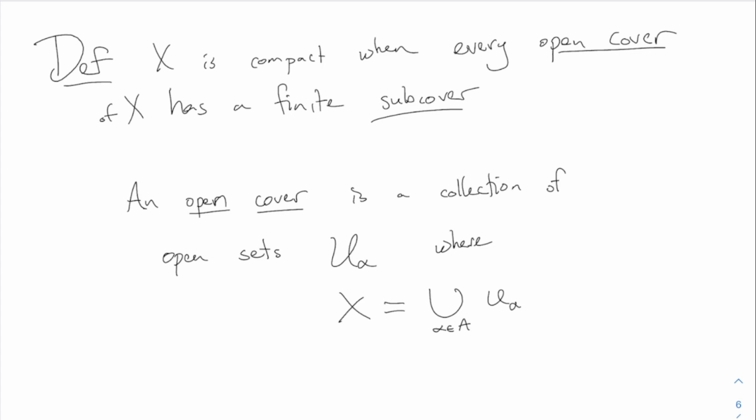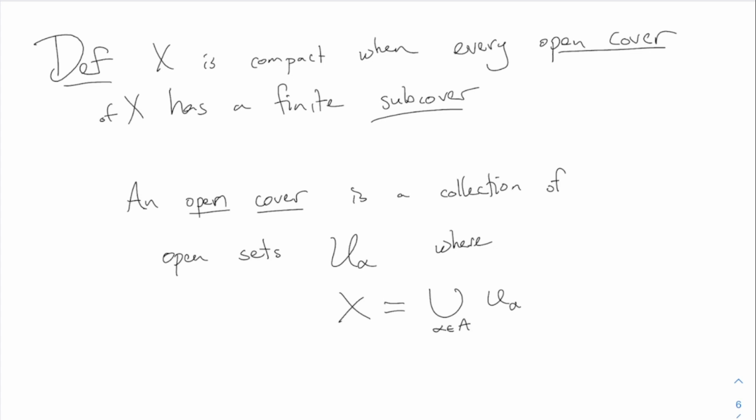I typically would imagine these as being like little patches. They're individually open sets, and you can sort of cover up the whole thing by using these little patches. For example, any basis of a topological space is an open cover because every point in the space can be covered up with a little ball or something. All right, that's what an open cover is. And a subcover just means you only take finitely many of them.